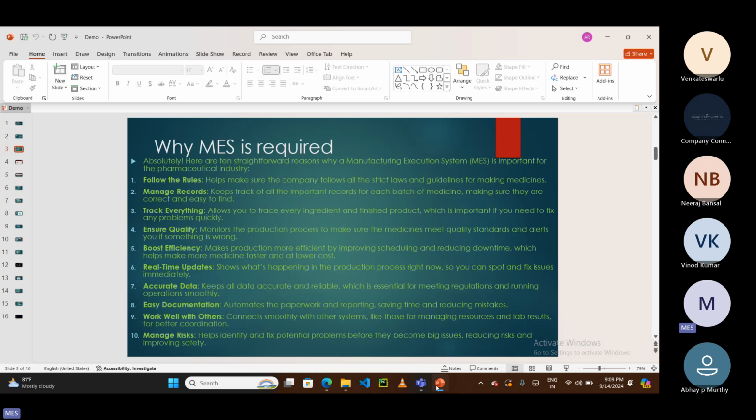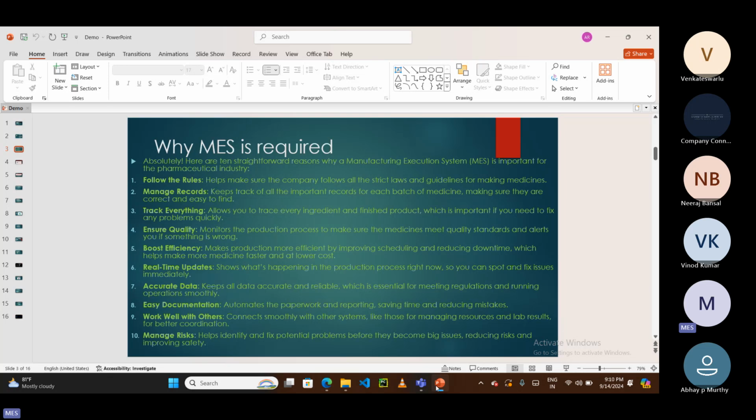A lot of points are already mentioned here, and you know those are critical for the patient, for the manufacturers also, for regulatory purposes and compliance purposes. These are the most important things, and because of that MES is required. Here I have mentioned 10 major points, and because of these things, MES is required.